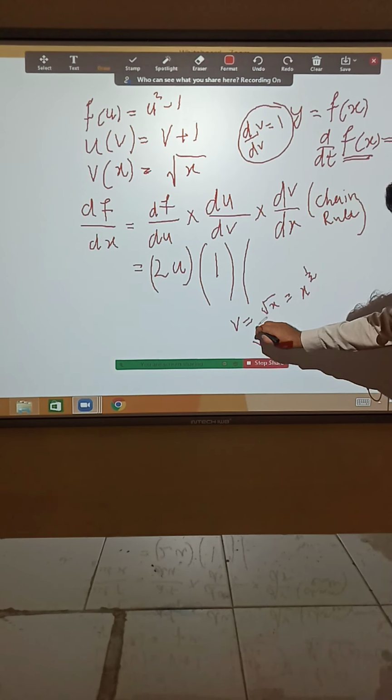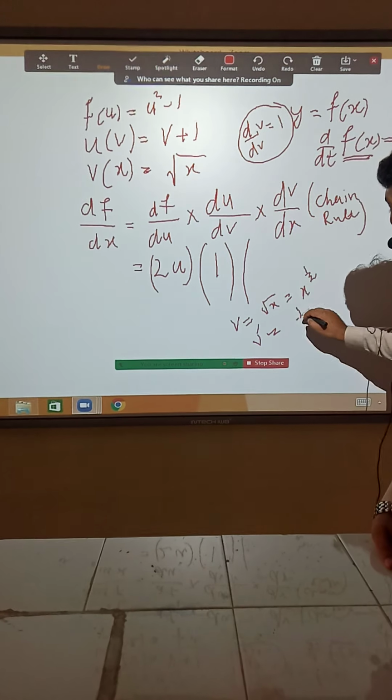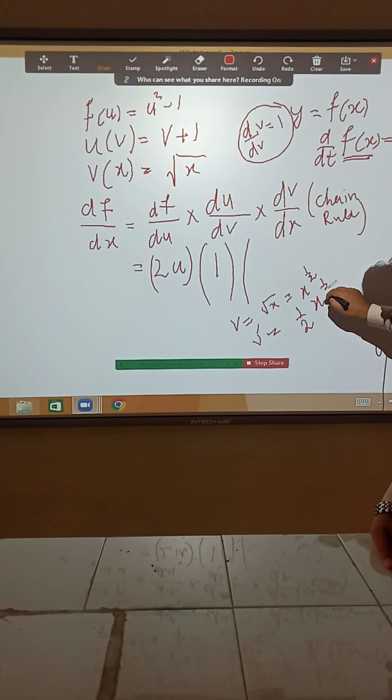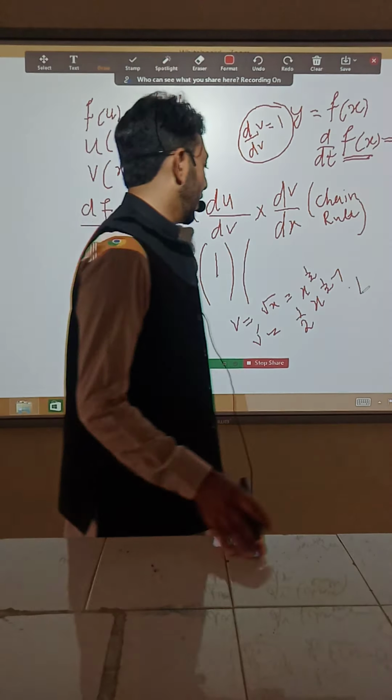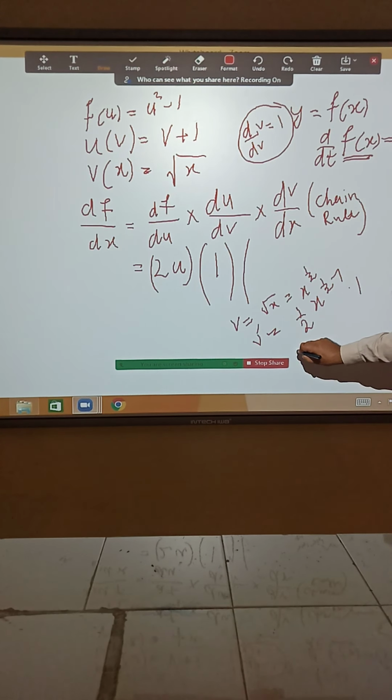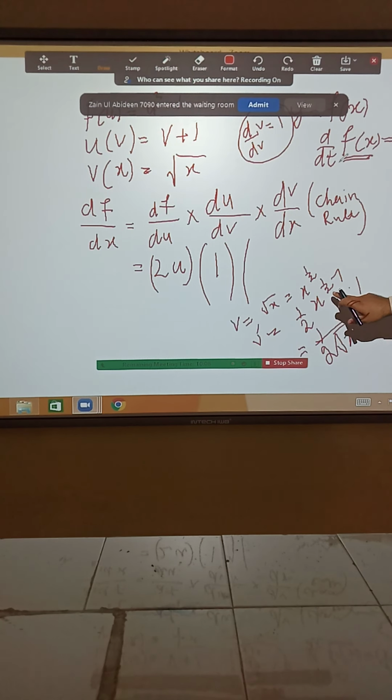So if you find out the derivative of v with respect to x, you need to use the power rule. 1 by 2 आगे आ जाएगा, 1 by 2 से हम 1 सब्ट्रैक्ट करेंगे और इनर का डेरिवेटिव इस केस में 1 के बराबर होगा। So ये हमारे पास स्क्वायर रूट x की डेरिवेटिव हो जाएगी, जो हमारे पास बराबर होगी 1 divided by 2 times square root x, because x power 1 by 2 minus 1 से हमारे पास x पावर minus 1 by 2 आएगा, और वो x पावर minus 1 by 2 अगर नीचे आप लेके आए तो वो आपके पास होगा x पावर plus 1 by 2, and x power plus 1 by 2 means square root of x.